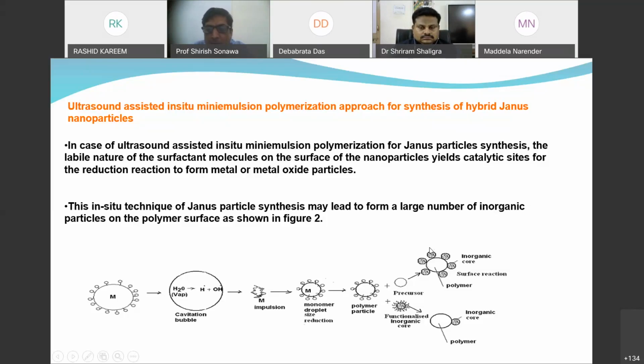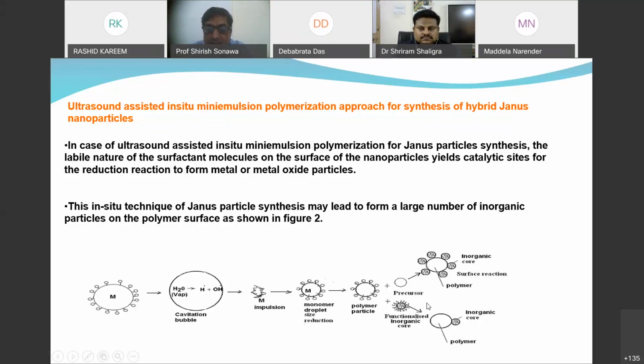Now there is one more possibility, that we can encapsulate the inorganic particle into that. For that purpose, we first need to functionalize the inorganic particle using, let's say, myristic acid, so that it remains in the organic phase, and then we can prepare different kinds of morphologies. For example, inorganic particles surrounded by polymer latex.